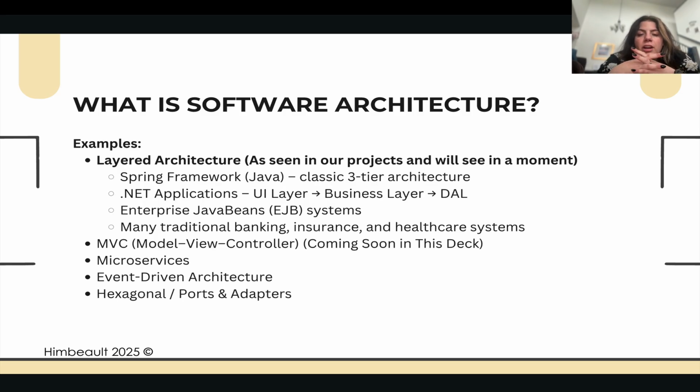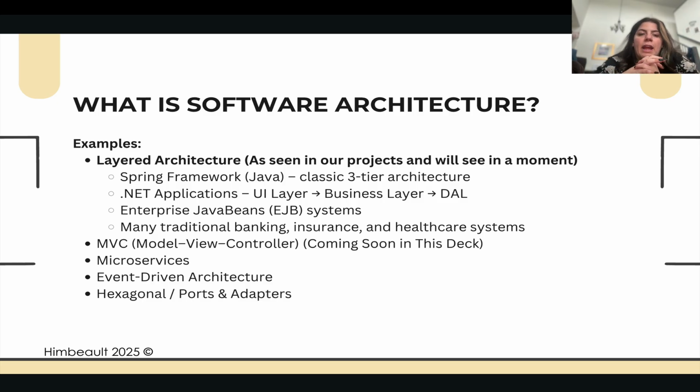So layered architectures, these are just a few different projects that actually use layered architectures as sort of the basis of their software, of their program. So we have the Spring framework in Java uses a classic 3-tier architecture. A lot of .NET applications use an architecture where they have the UI layer, the business layer, and then the data access layer, or the DAL. This is similar to the 3-tier architecture that we've been using in our projects.